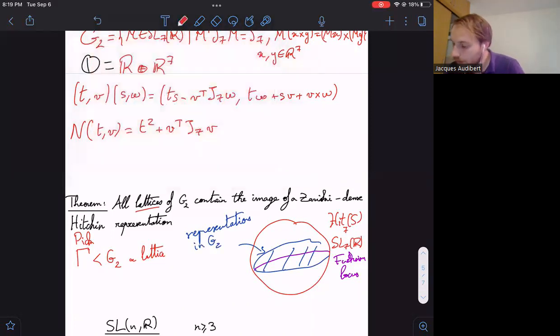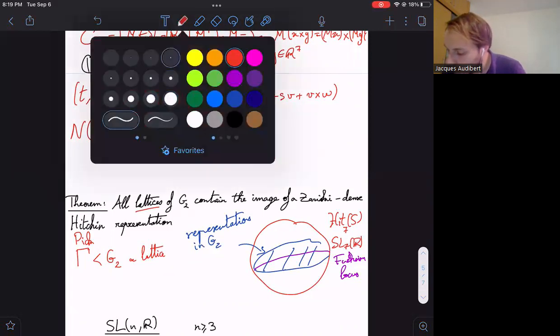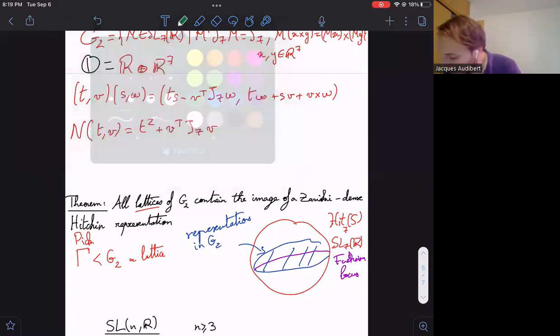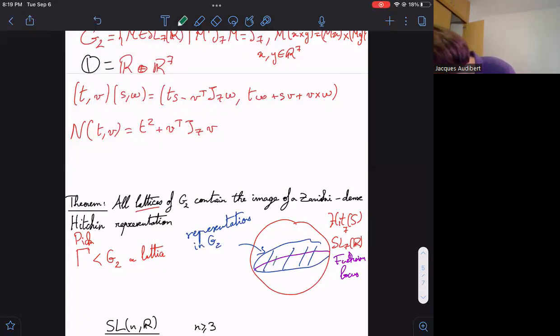Not all of them do, but what we find is that when you have gamma, then you can find a representation in gamma. So you can find a representation in the Fuchsian locus that lies in G2, and then you can deform it to find another one that also lies in gamma, and you can deform it to find another one that still lies in gamma, but so that it became Zariski dense.